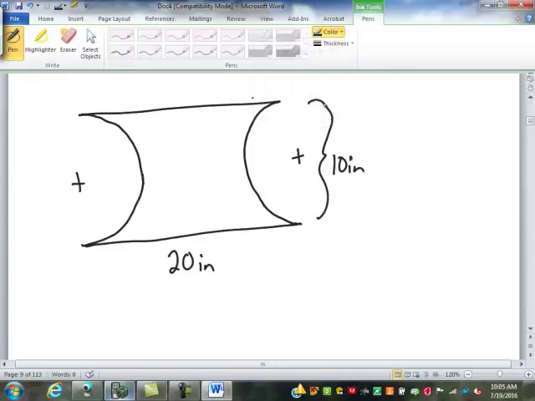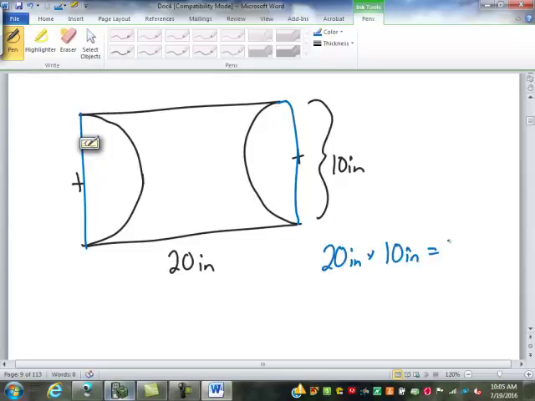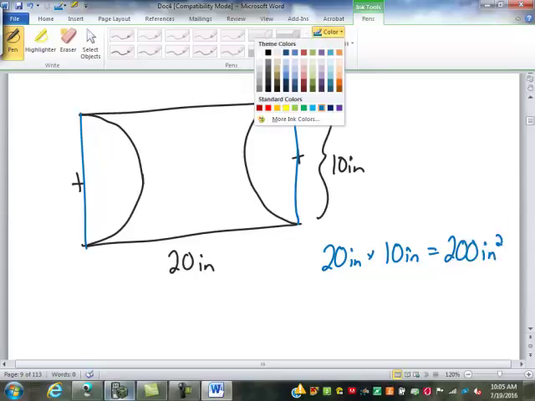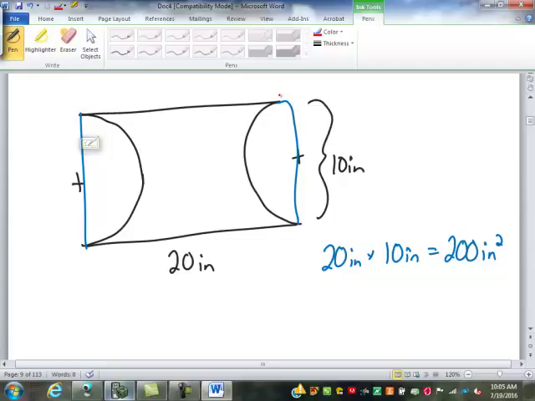I want to find this area. Well, to find this area, I'm going to cut it like this to make a large area of 20 by 10, which is 200 inches squared. Now I have to subtract out this half circle and this half circle.